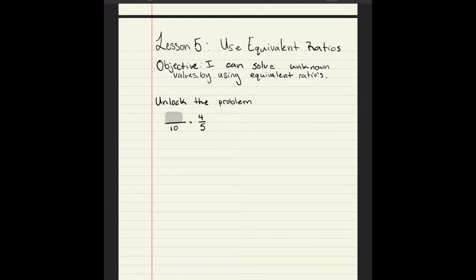our unlock the problem. So we have two ratios given to us here, and one is a complete ratio and one is incomplete with an unknown. So I need to use equivalent ratios to find this. So when I'm going from 5 to 10, I need to multiply 5 by 2, 2 times 5 to get 10.